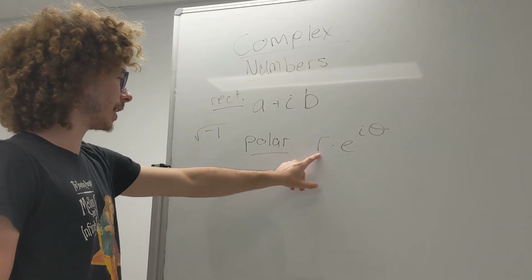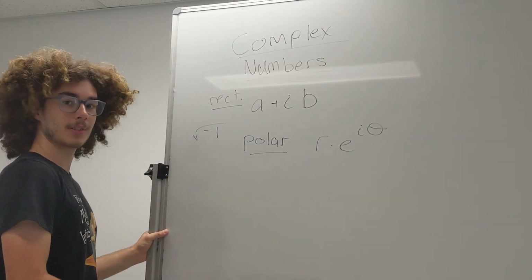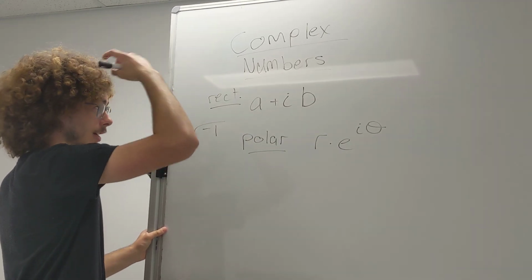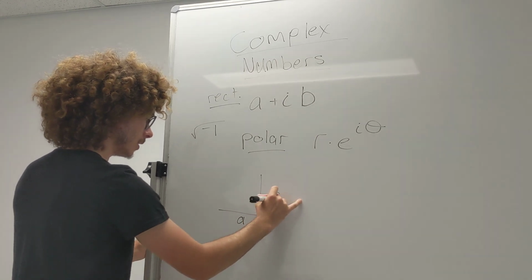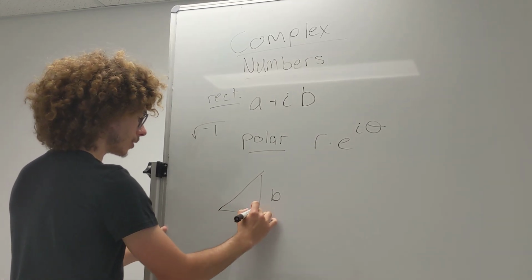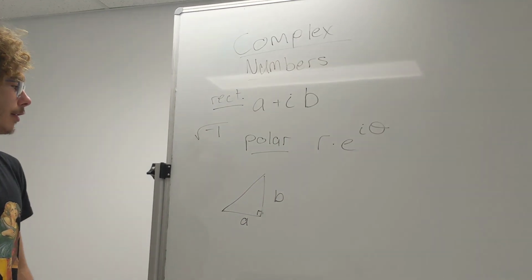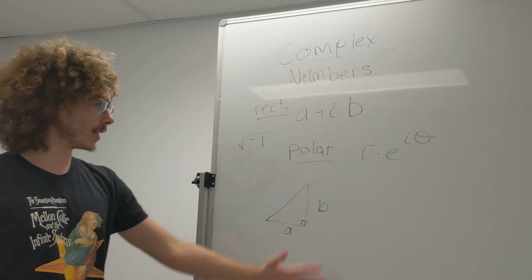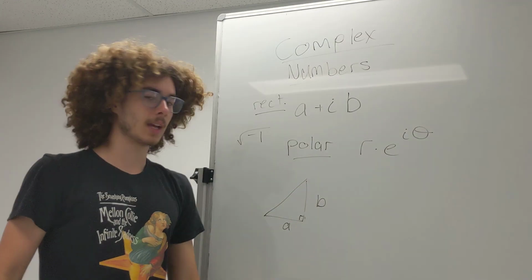This number is the magnitude of the complex number. What's great about this is if you think about these as the sides of a right angle triangle, then we have Pythagoras and trigonometry to help us get this r and theta, which is magnitude and angle.